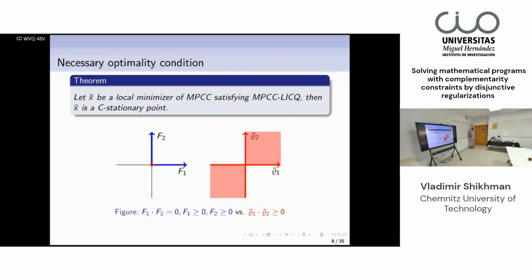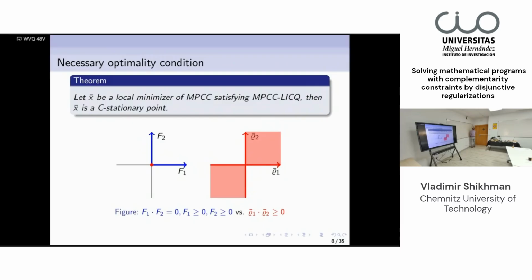This is S-stationary, right? Both multipliers greater than or equal to 0. You know that all minimizers are S-stationary. This can be derived by the Fréchet cone. If the derivative is in the minus normal cone to the feasible set, the Fréchet normal cone gives you S-stationarity.